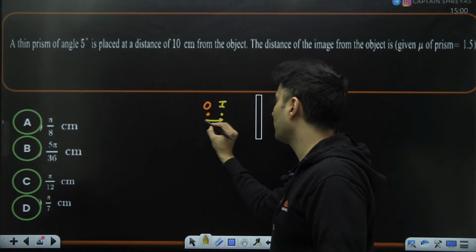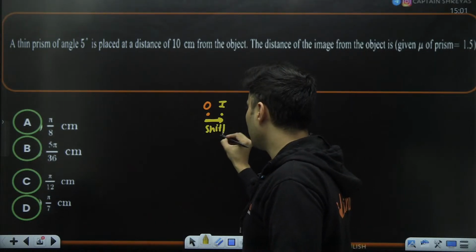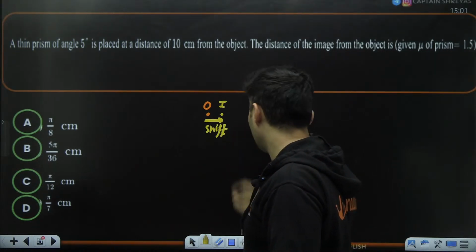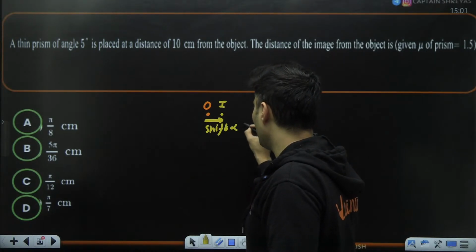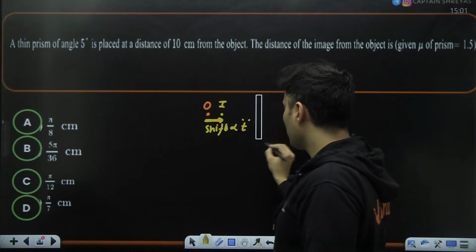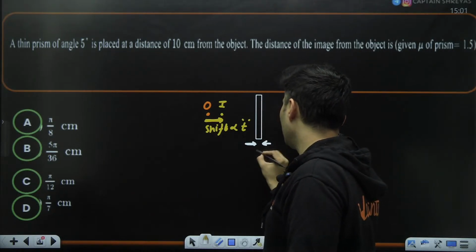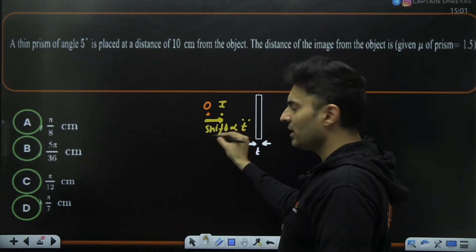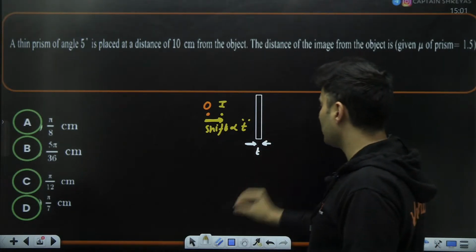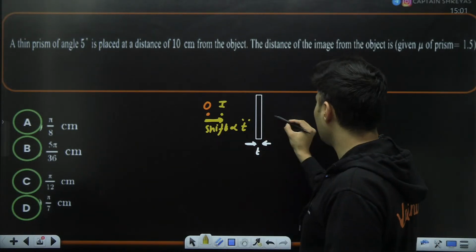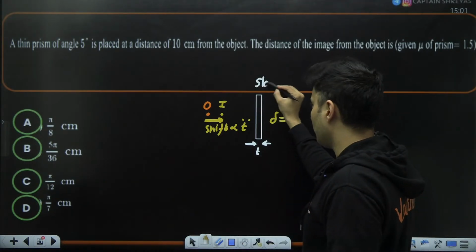There is a lateral shift, and that shift is directly proportional to the thickness of the slab. So if the thickness of the slab is very small, the shift will also be very small. But there is no angular deviation. That's very important. Deviation is not there. Delta is 0 for a normal slab.